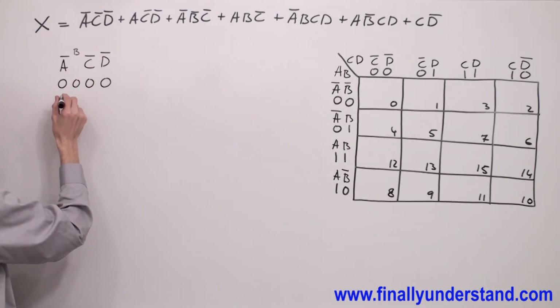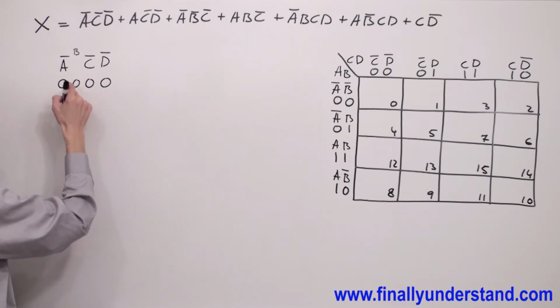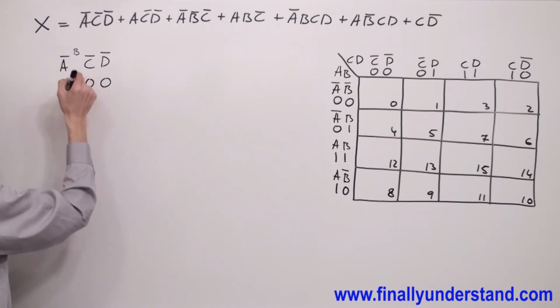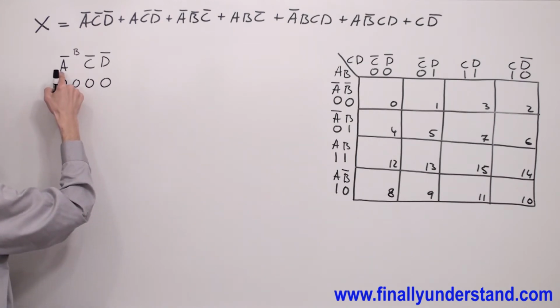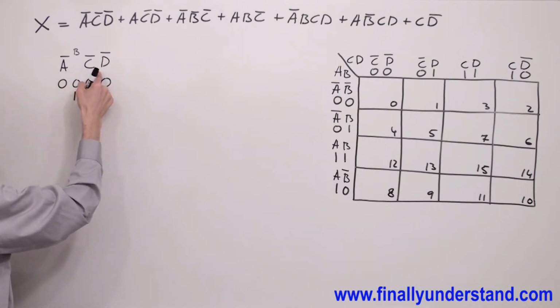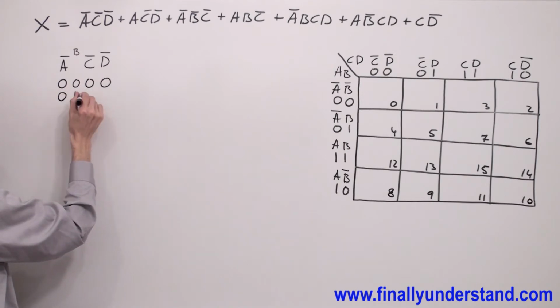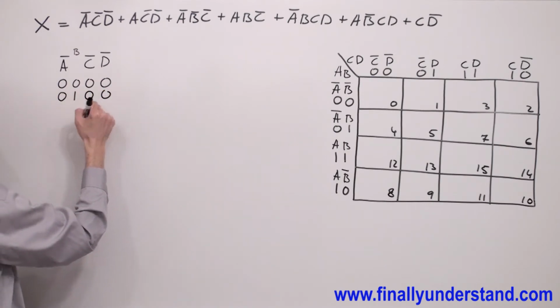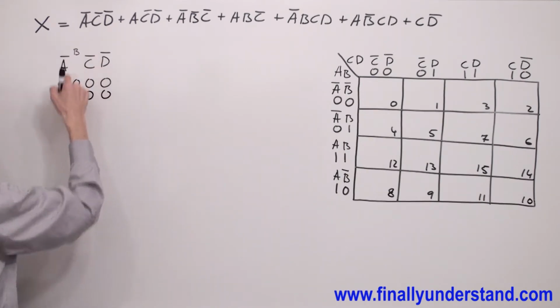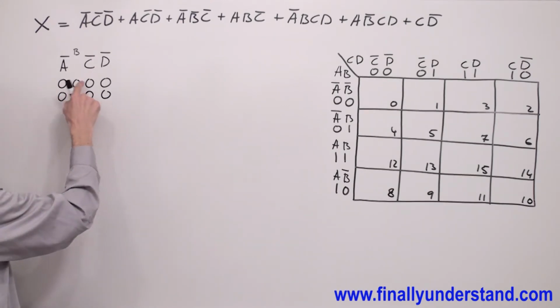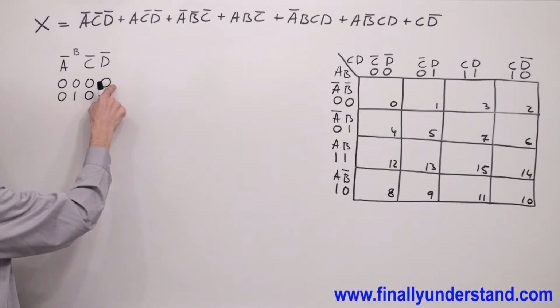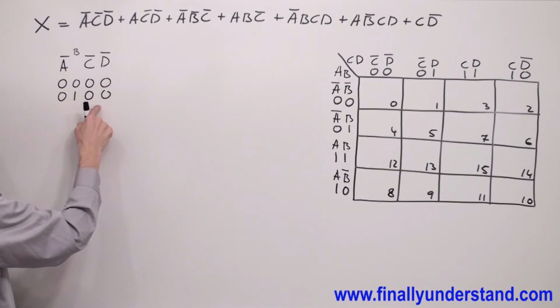Next, I'm going to assume that B is equal to 1. Keep in mind that these 3 variables are going to stay the same. All of them are zeros, because all of them have bars above themselves. This is binary 0 and this is binary 4.